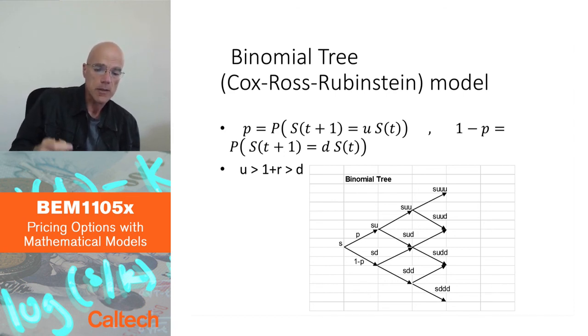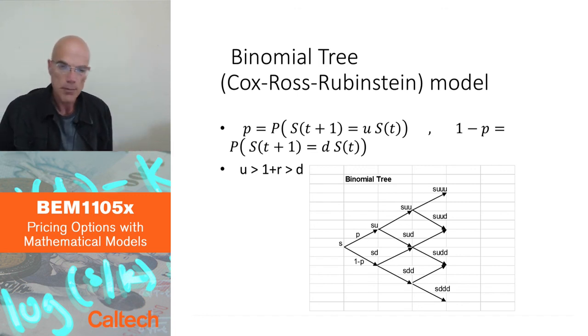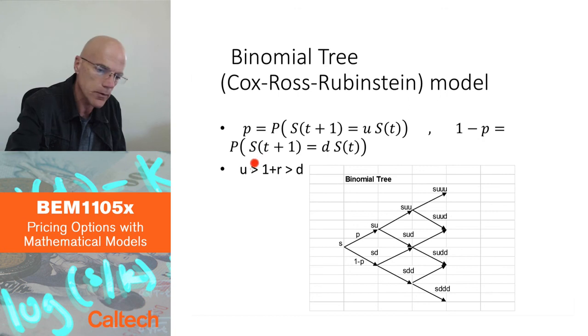If the stock was always better than the bank, then you would just borrow as much as you can from the bank, put it in the stock, and make arbitrage. Okay? So to have no arbitrage, the bank has to be better than the stock if the stock goes down, but worse than the stock if the stock goes up. So that's this condition. We will see it later again.